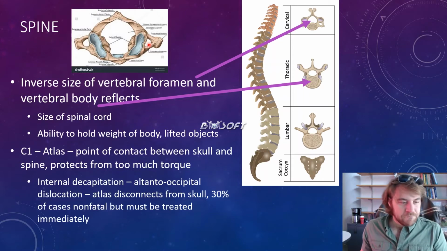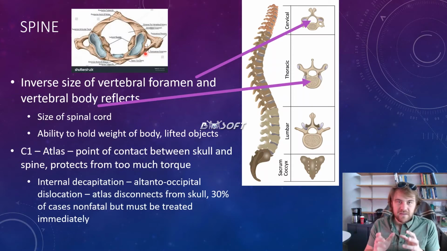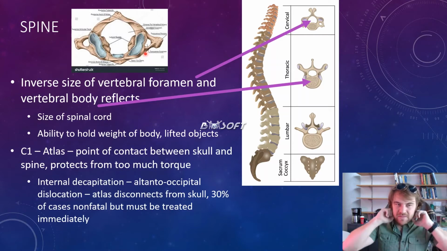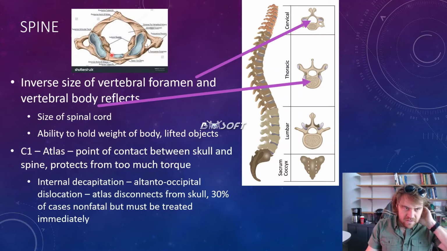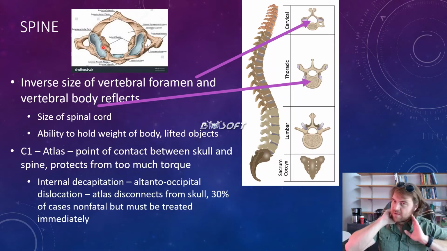All right. The C1 is also important because it is the major point of contact between the skull and the spine. And the C1 is structured in a way, it's got these large facets here that keep the head from rotating too much. So it'll stop the head from turning too far this way or this way.